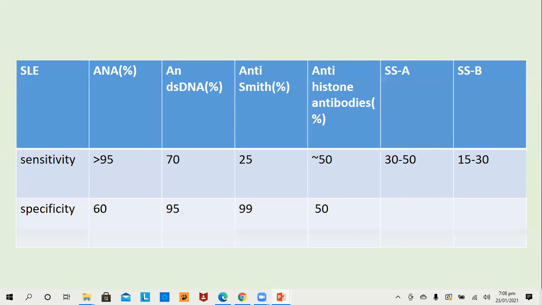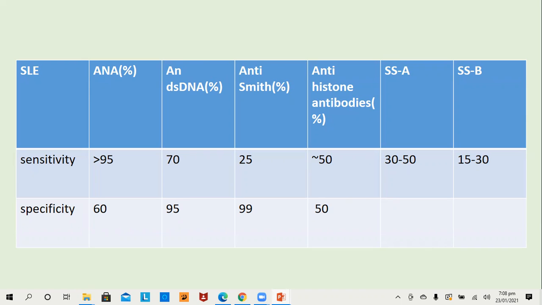So if we compare the sensitivity and specificity of different antibodies in SLE, anti-nuclear antibody has a very high degree of sensitivity, that is more than 95%, but has a low specificity of 60%. This is reversed in case of anti-double stranded DNA, whose specificity is 95% and whose sensitivity is 70%.